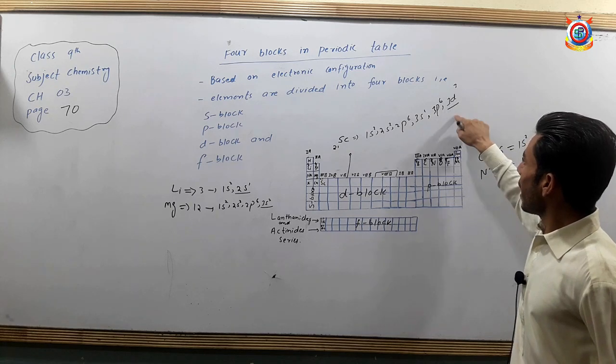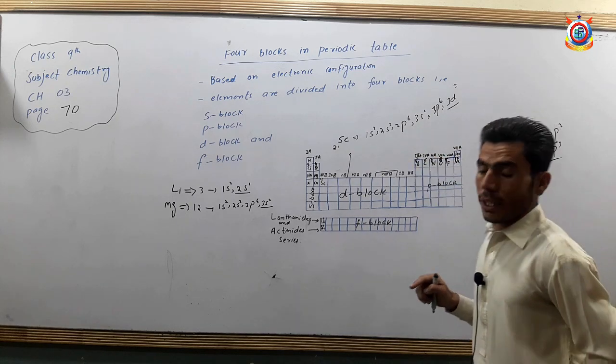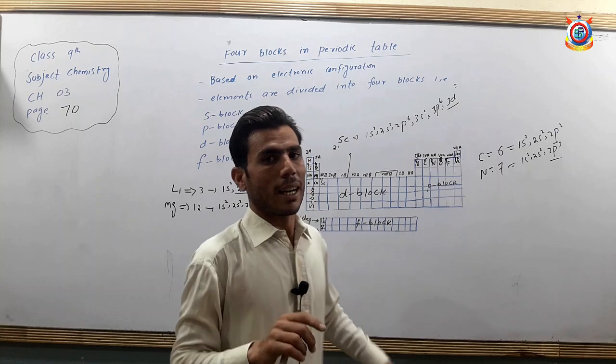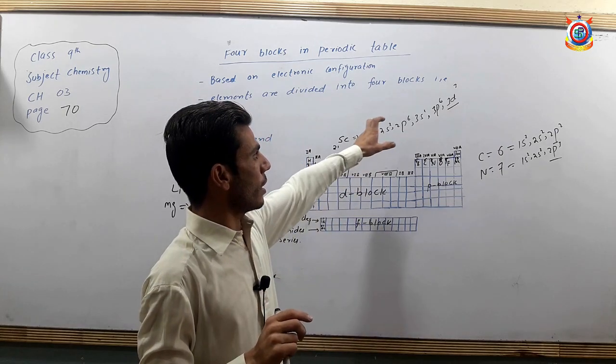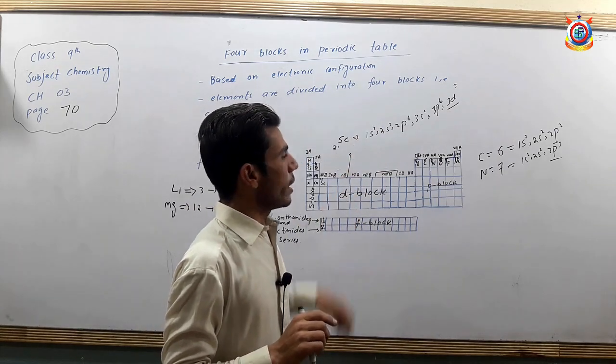So you see the last electron enters into the D subshell. Those elements in which the last electron enters into the D subshell are called D block elements.